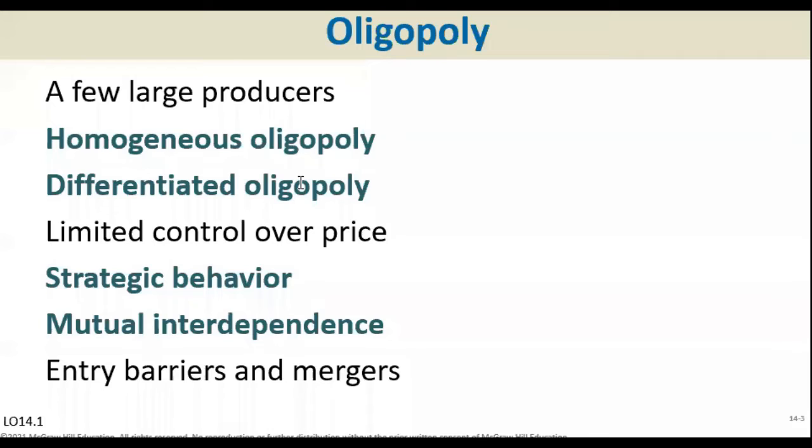We can have the steel industry, the aluminum market. Those are some examples of homogeneous or standardized oligopoly. For differentiated oligopoly, we can include the market of automobiles, also the electronic equipment market, breakfast cereals. We can cite those and group them under differentiated oligopoly.